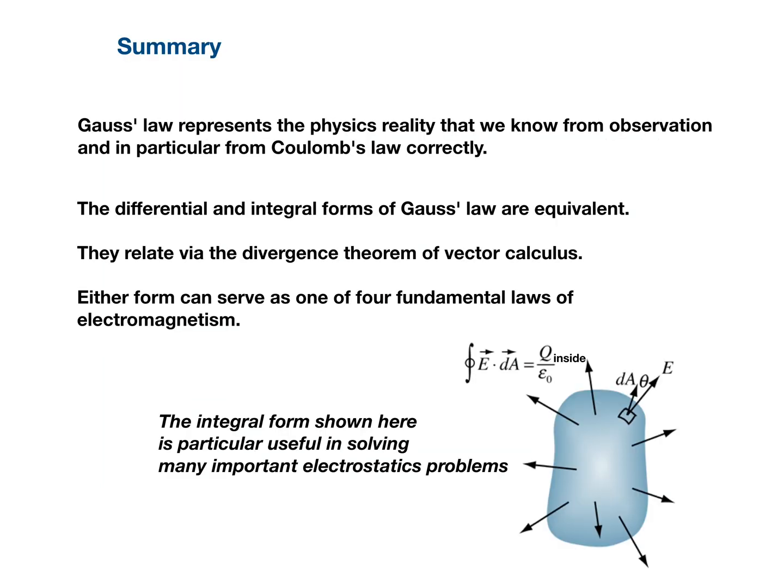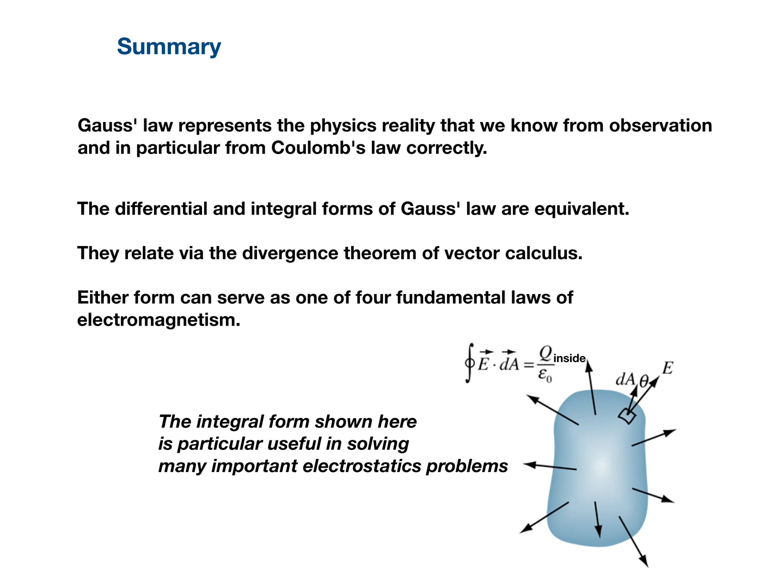We can summarize that Gauss's law represents the physics reality that we know from observation of electrostatic phenomena, and in particular from Coulomb's law, correctly. The differential form and the integral form of Gauss's law are equivalent. They can be readily related using the divergence theorem of vector calculus.